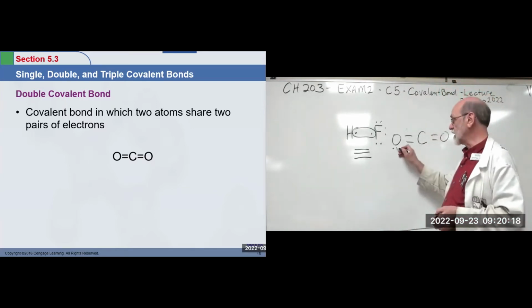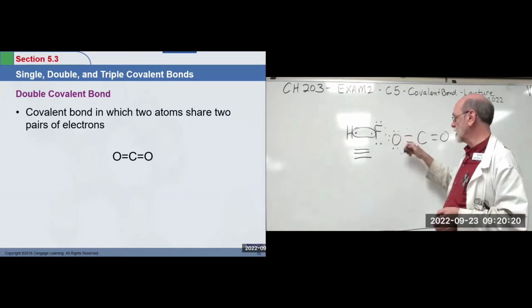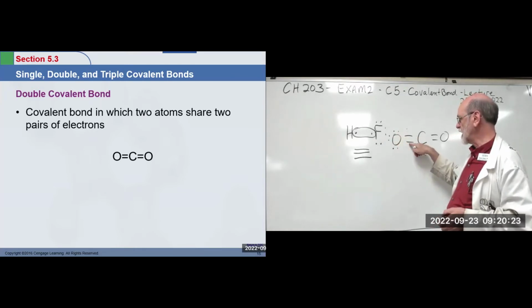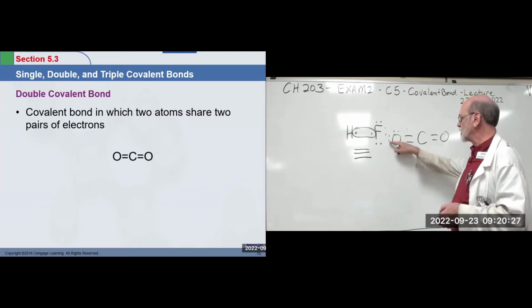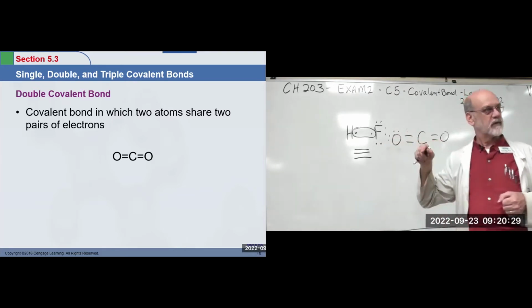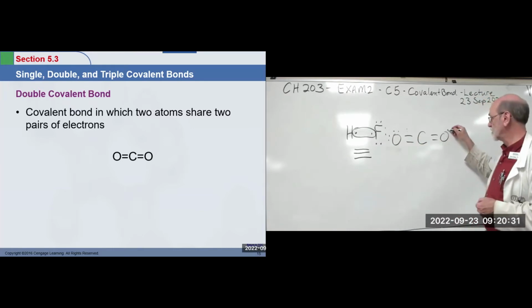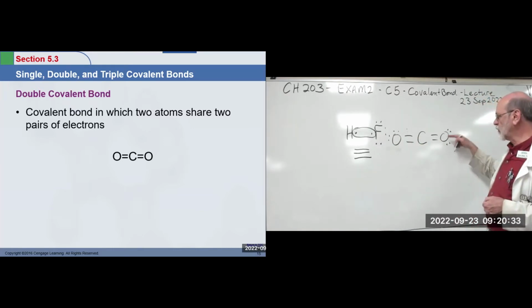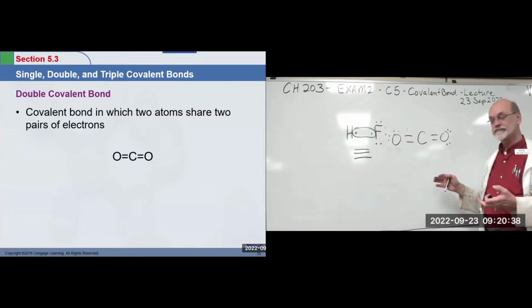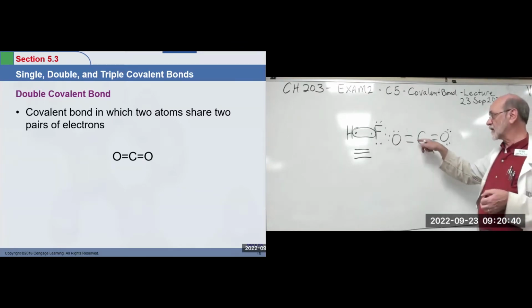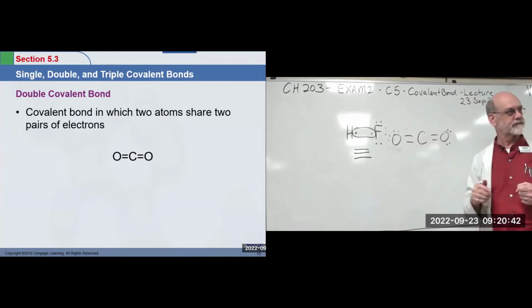So you can say 2, 4, 6, 8 around that oxygen. Okay, so oxygen thinks it has an octet. Carbon thinks it has an octet too, 2, 4, 6, 8.